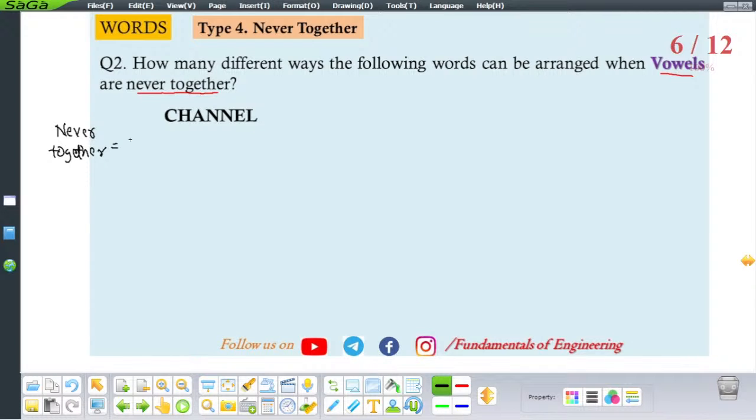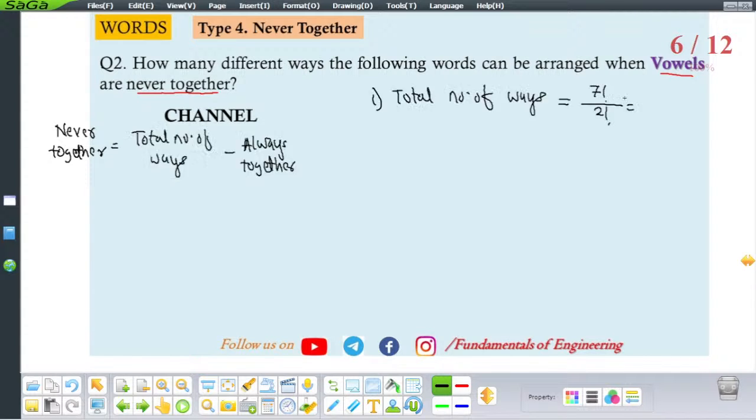So first we will calculate the total number of ways. First you have to count the number of letters given: 1, 2, 3, 4, 5, 6, 7. 7 letters, so we take the 7 factorial value. But N is repeated twice, so divide by 2 factorial.